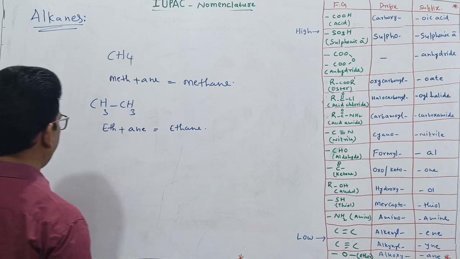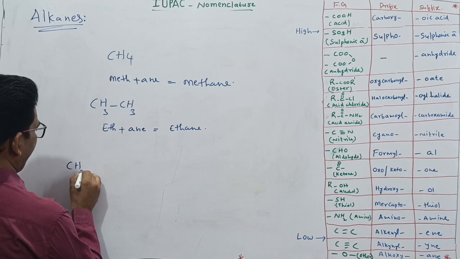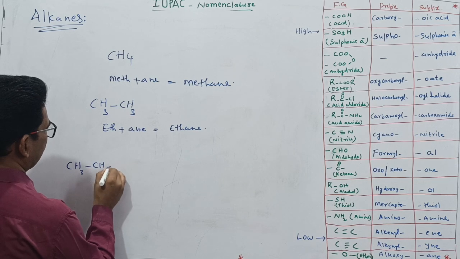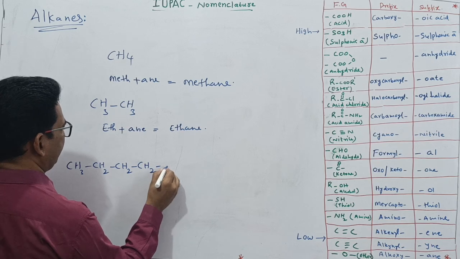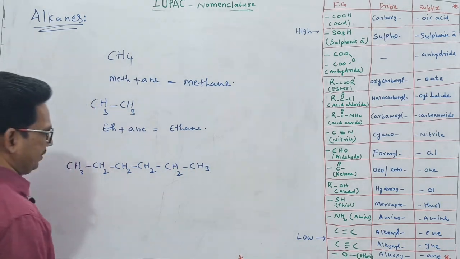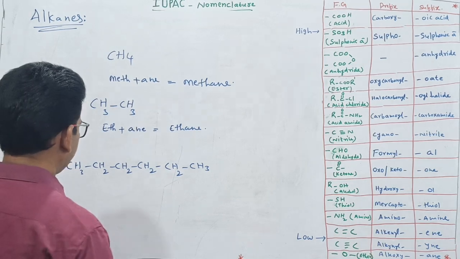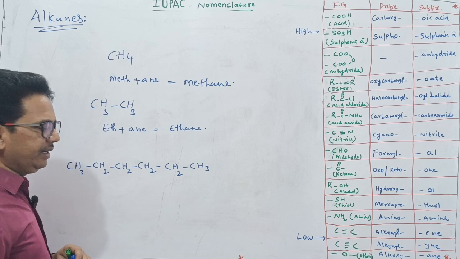For example, you can take 6 carbons. 1, 2, 3, 4, 5, 6. Then 6 carbons, and it is saturated.